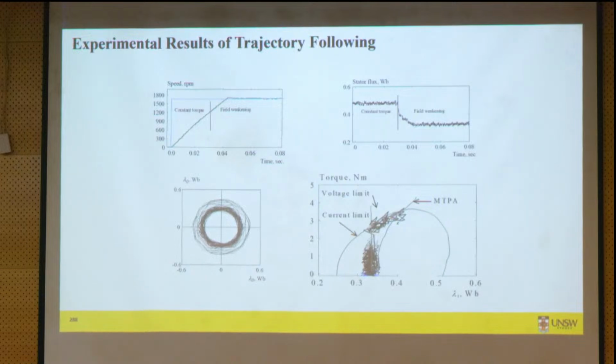You can see the estimated flux here. You can also plot flux alpha, flux beta, which will become a circle and shows you how it is varying when the speed is increasing. For this particular case, speed was increasing from 0 to 1500 or 1600 RPM.